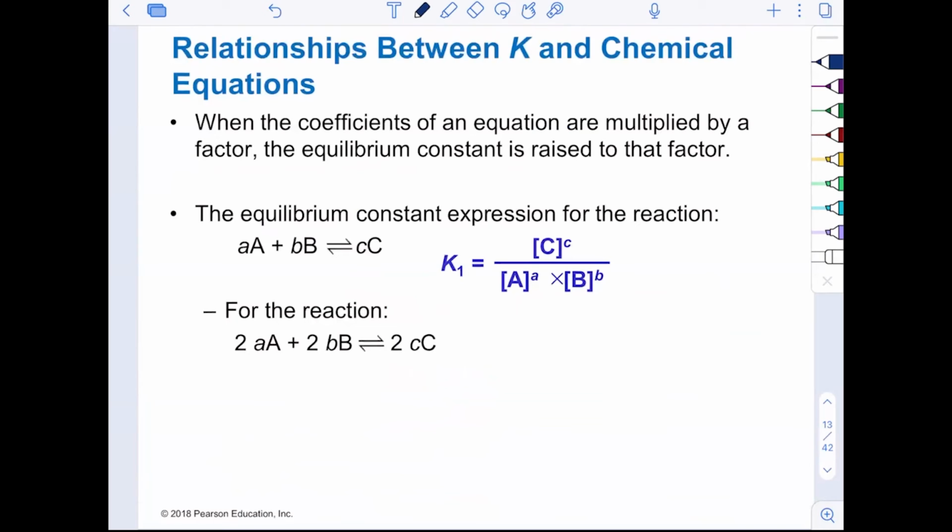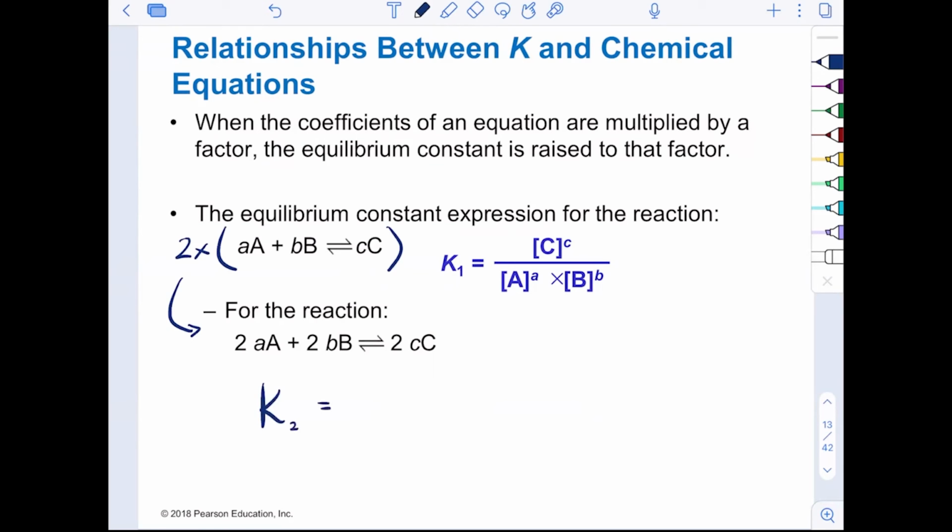When the coefficients are multiplied by a specific factor, say we want to multiply everything by 2, right? Multiply this by 2, and we get a new reaction. What would we do? Well, let's imagine where that coefficient goes. It goes in the exponent.